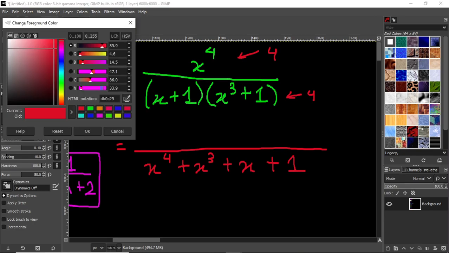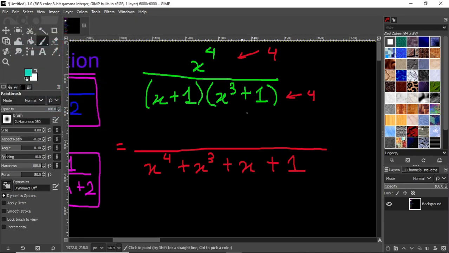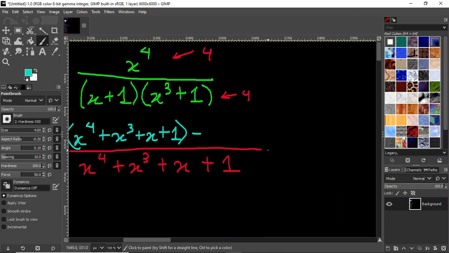Numerator, we could do long division to simplify this, or we could do this too. We have x to the power 4, that's already there. Let's add an x cubed, add an x, and add 1. But we cannot just add things as we want. We need to subtract the things that we added also.